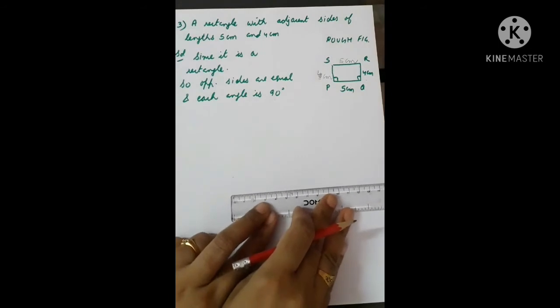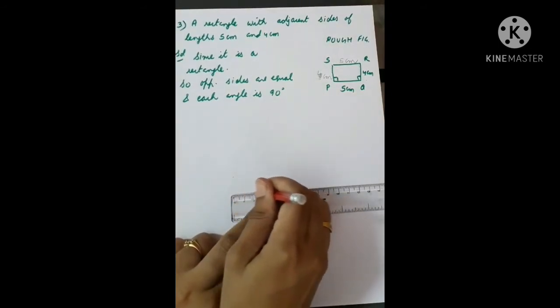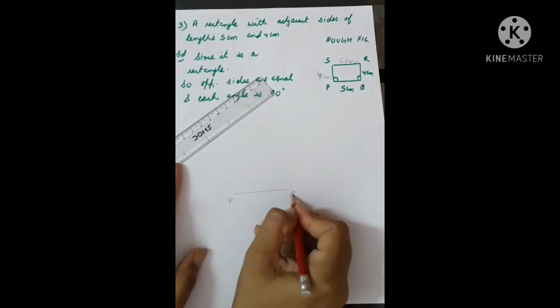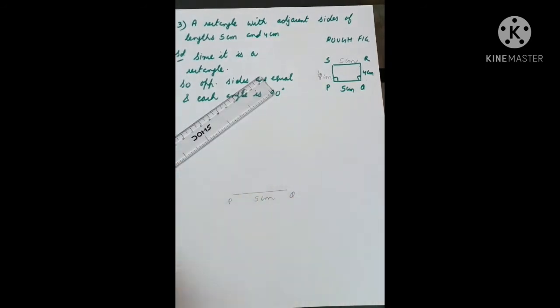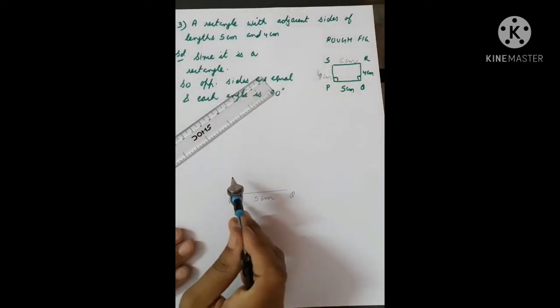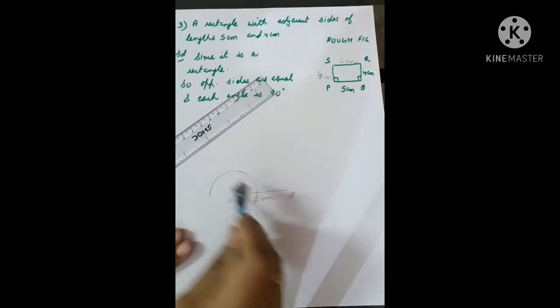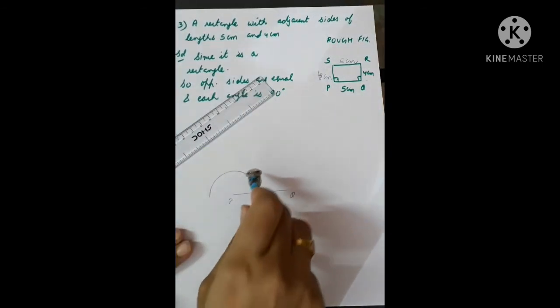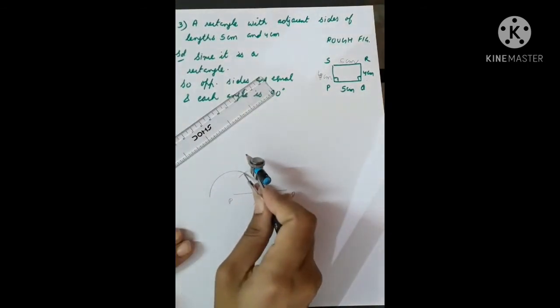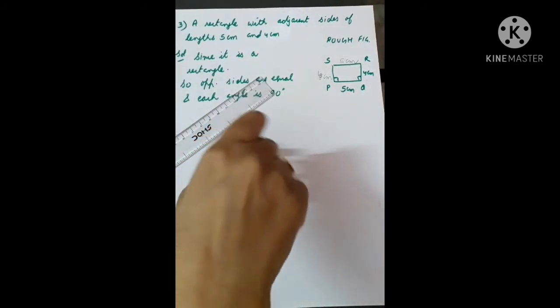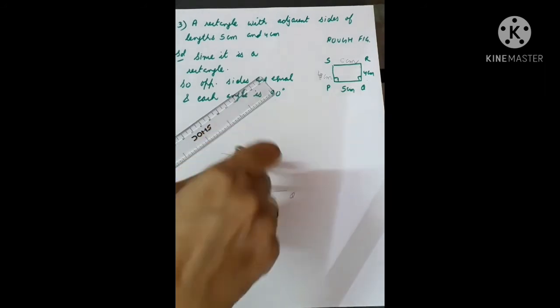First I will draw the baseline PQ as 5 centimeter. This is point P, this is Q, 5 centimeter. Then I will construct an angle of 90 degree at point P and 90 degree at point Q. So first arc, this is 60 degree, then this is 120, then the bisector of 60 and 120 is 90.